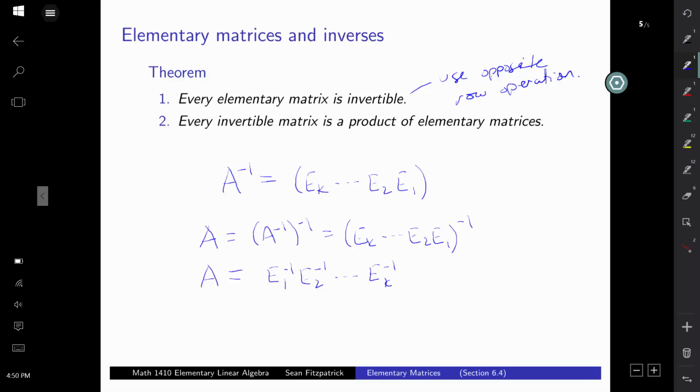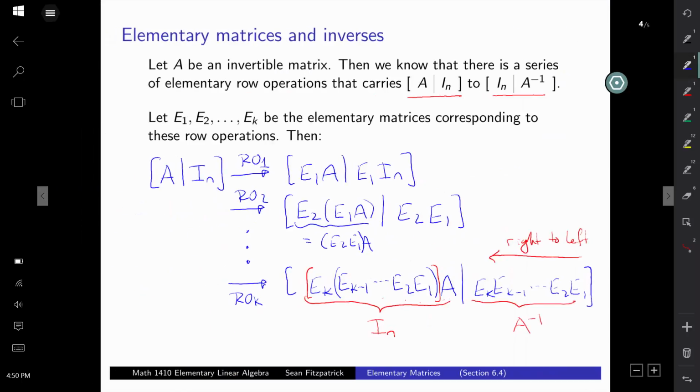And the elementary matrices that we use are just the inverses of the elementary matrices that got us to the identity. Actually, this makes sense if you think about doing this algorithm. To reconstruct A, let's say I reverse my steps.